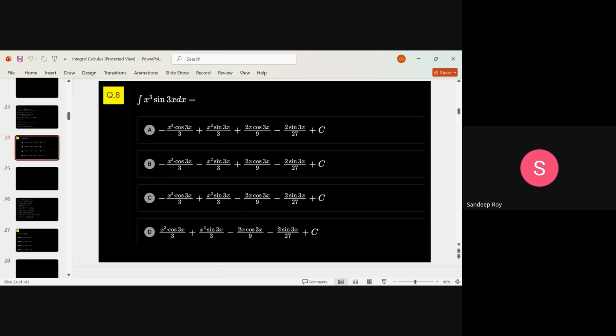Yes. Others? So how to solve this question? Any idea? So integration by parts. By parts only, correct. So there is no other method here. So integration by parts, okay.